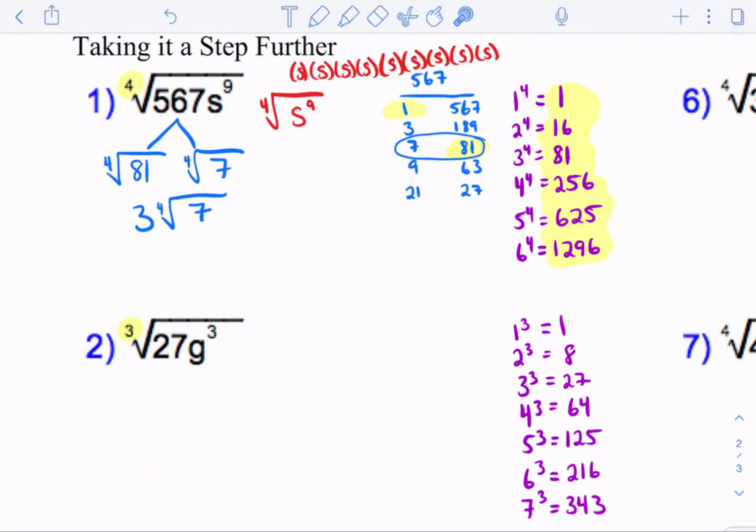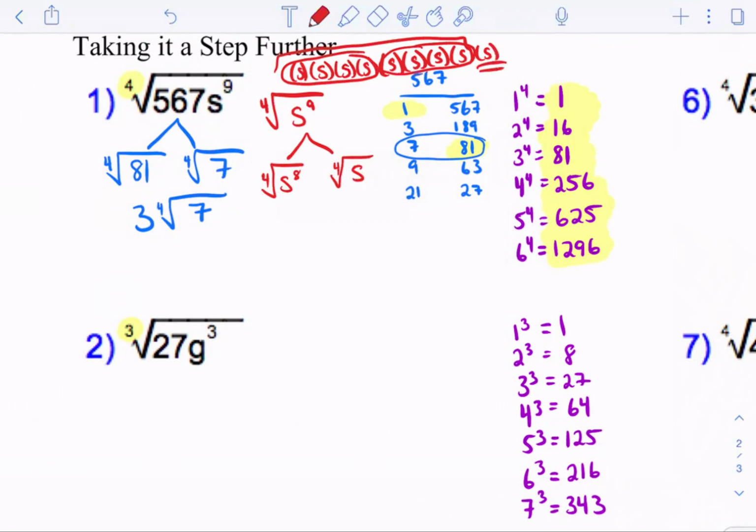And I want to know how many groups of 4 I can make. So here's 1 group of 4. Here's 2 groups of 4. So in total, that's how many S's? So I can take out 8 S's, and I'll be left with 1 S.